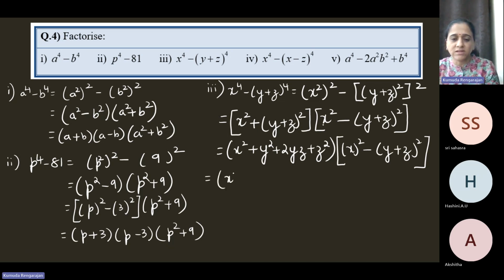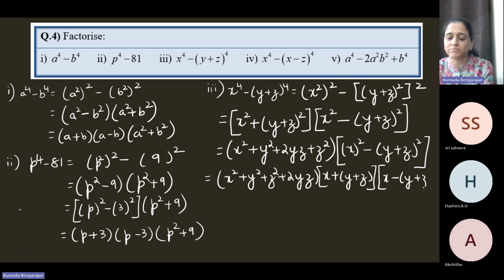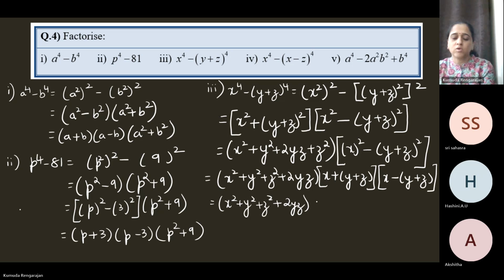So the first bracket as it is: x squared plus y squared plus z squared plus 2yz, into the second bracket, x plus y plus z into x minus y minus z.